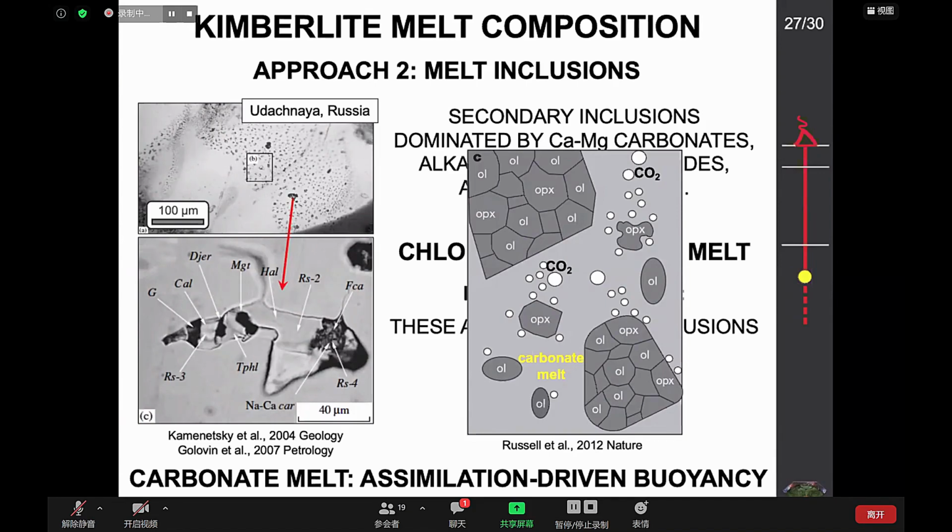The problem is that if you try to do a little bit of mass balance, starting with a pure carbonate melt composition, you need to assimilate something like 40% of mantle material, which clearly poses some serious issues in terms of energetics, for example, in terms of the capacity of this melt to go through the mantle and ultimately erupt.